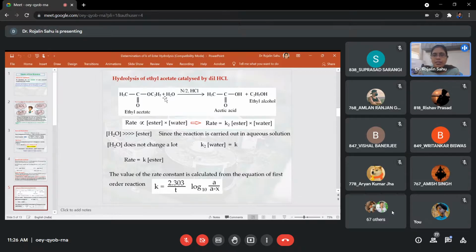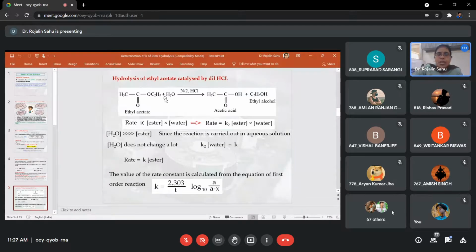You know this is a pseudo first order reaction, because water is used in large excess and we are not counting it as a reactant. So here the rate is directly proportional to the ester concentration and not the concentration of water. Although it is a second order reaction, we are still considering it a first order reaction because we are neglecting the concentration of water.